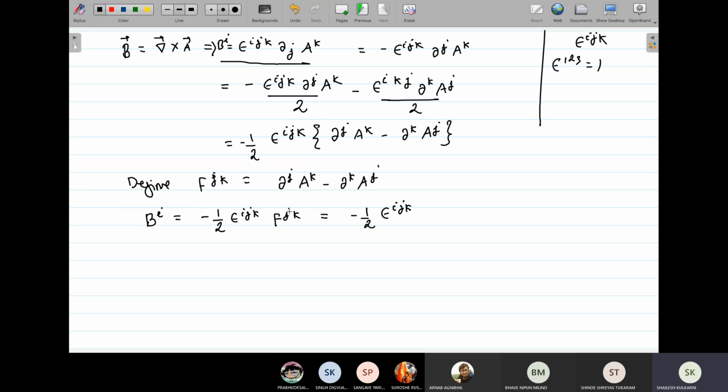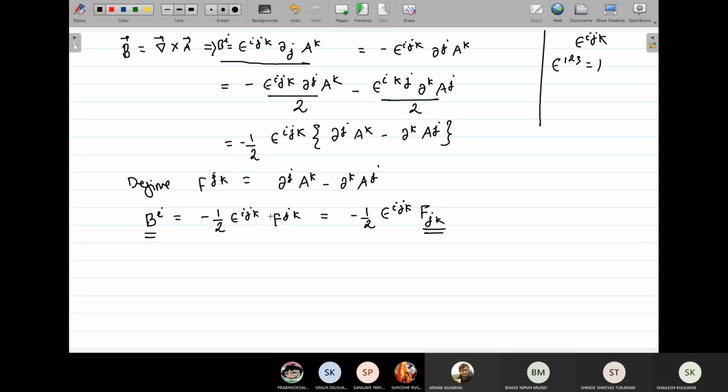If I bring these two spatial indices down, I get two minus signs, which result in a plus sign, so it will be the same as fjk. So I have expressed the magnetic field in terms of a two-index object. Is this clear?